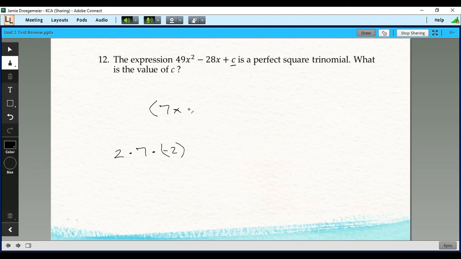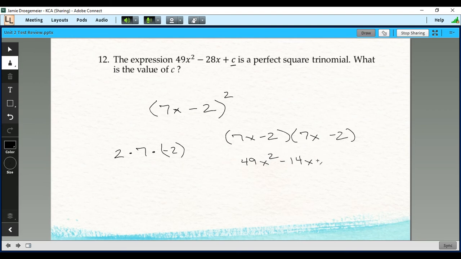So if I have 7x minus 2 quantity squared, that should give me our expression here. Let's check it out. So 7x minus 2 times 7x minus 2. 7x times 7x is 49x squared. 7x times negative 2 is negative 14x.